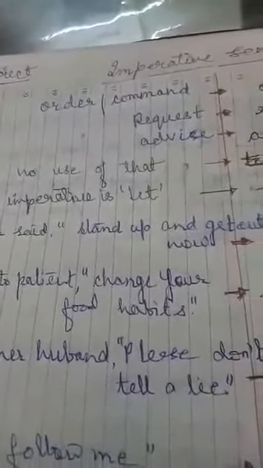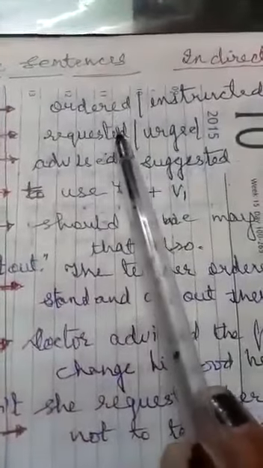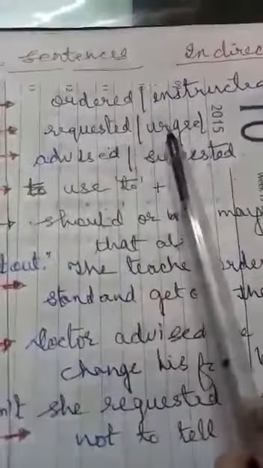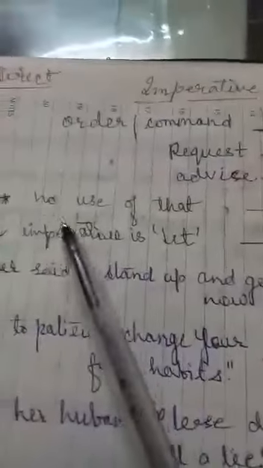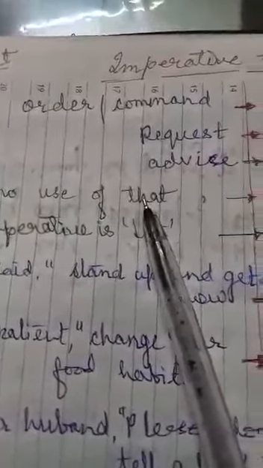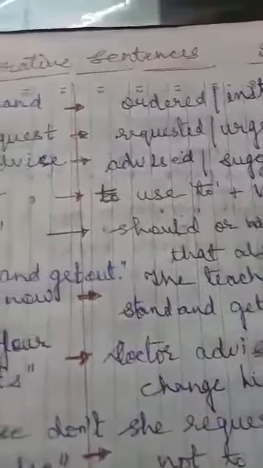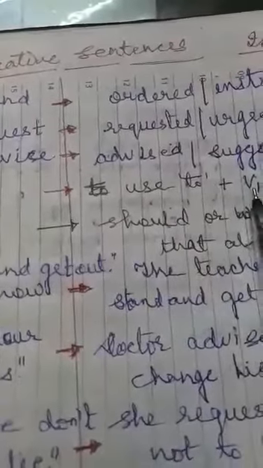So if the reporting speech is a command or a request or advice, it will be changed like that: ordered, or instructed, requested, urged, advised or suggested. Children, no use of that. Here also we don't use that. We generally say he was ordered or she was ordered or she requested, something like that. Use to plus verb first form. Okay, we use to plus first form of the verb.